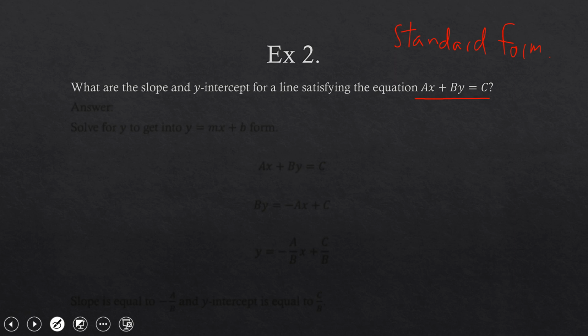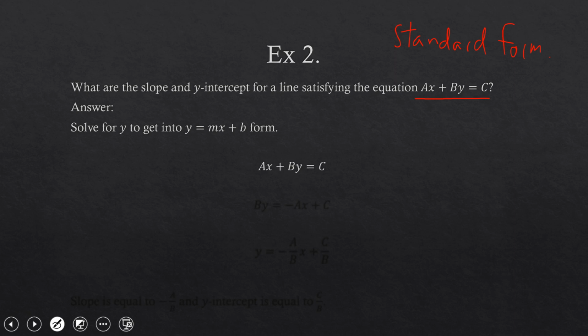All right. So the strategy, how we go about doing this, is we need to get it into slope-intercept form. And to do that, you're going to solve it for y. So get y all by itself. And once we've got y all by itself, we should be able to identify what the slope is and what the y-intercept is. Okay?